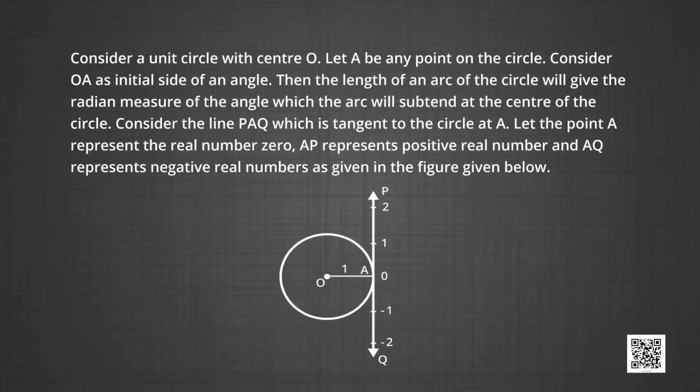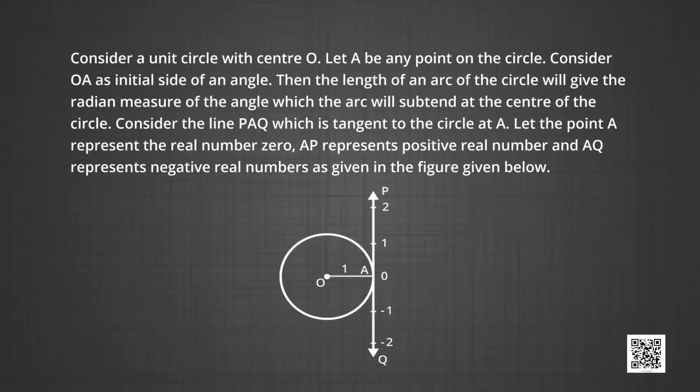For this, consider a unit circle with the center O. Let A be the point on the circle. Consider OA as the initial side of an angle. Then the length of an arc of the circle will give the radian measure of the angle which the arc will subtend at the center of the circle. Consider the line PAQ which is tangent to the circle at A. Let point A represent the real number 0.